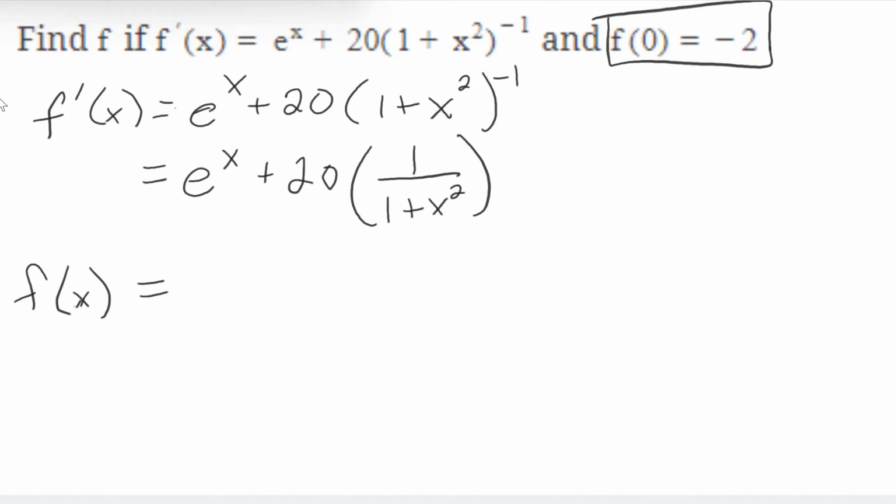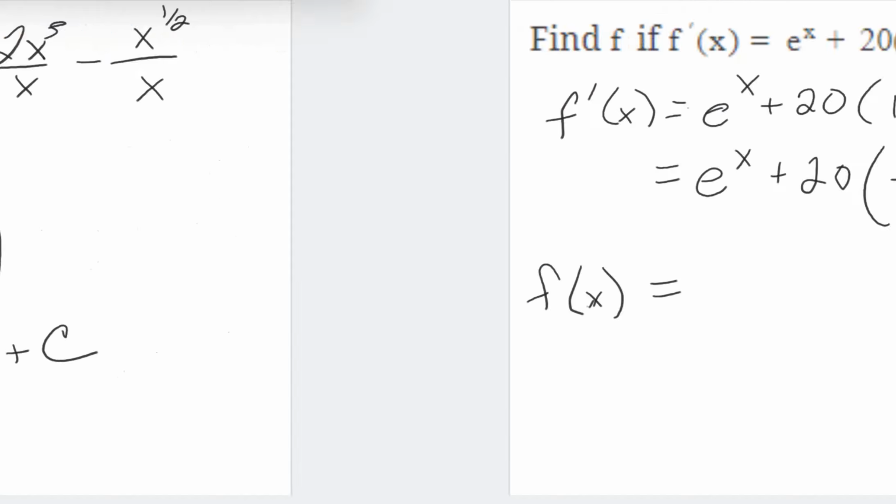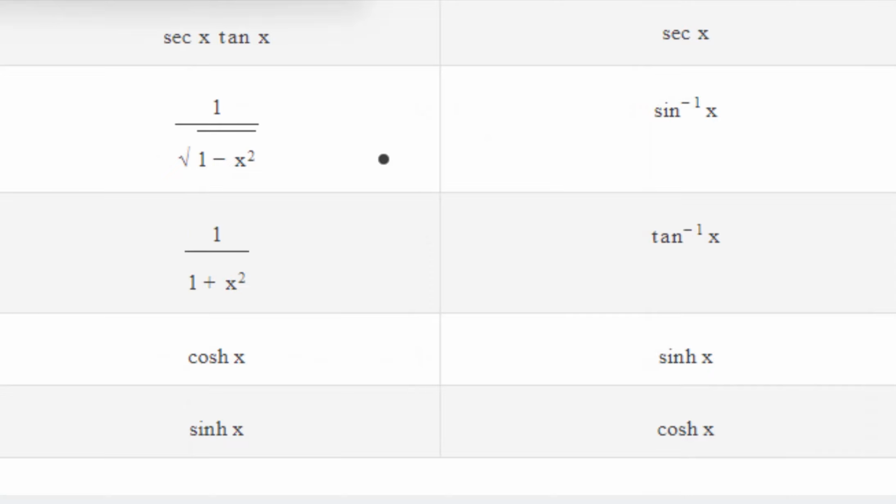I purposely did not put the 20 inside of it because if we go back and look at my wonderful little rules here, we have 1 over 1 plus x squared was one of the rules.